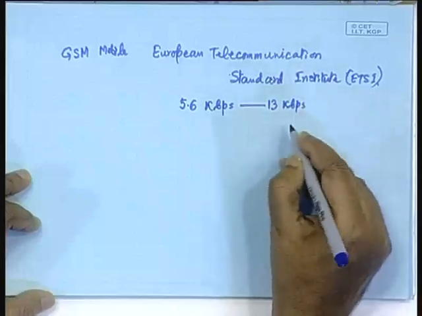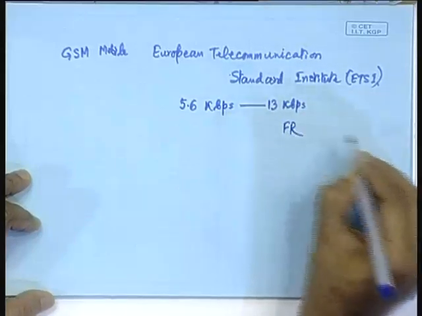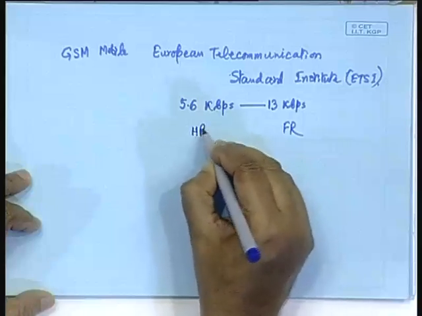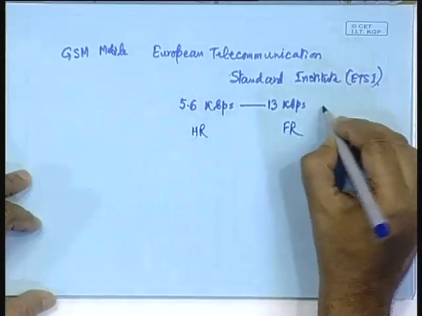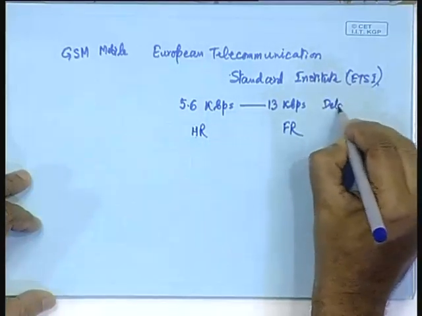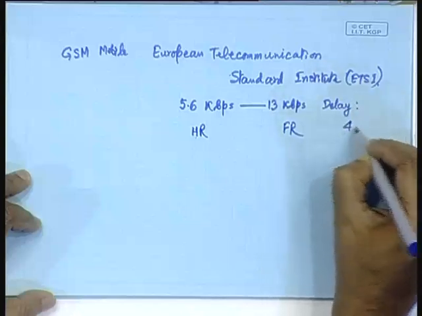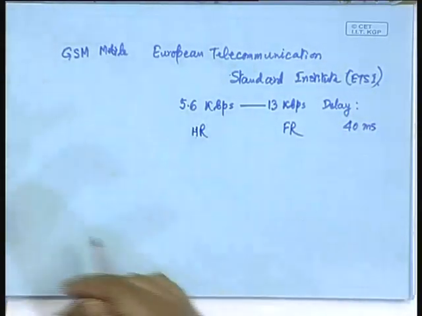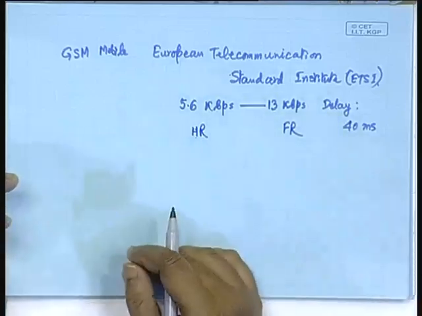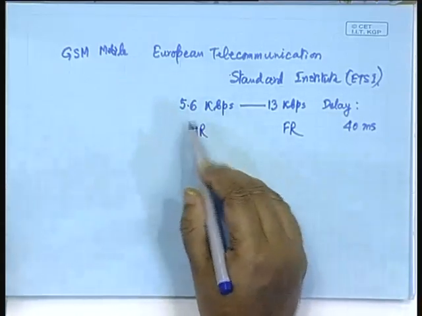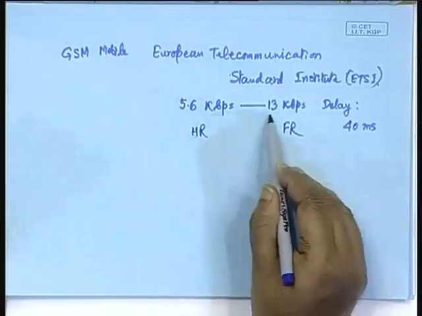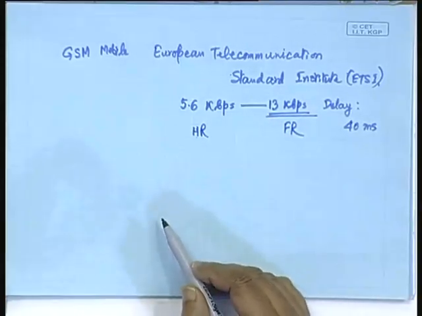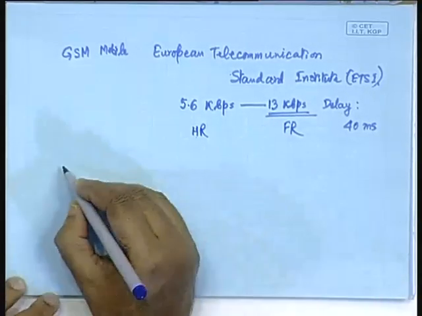In fact, 13 kilobits per second is the one that you are getting at full rate, and 5.6 kilobits per second is what you are getting at half rate, and there the delay is of the order of 40 milliseconds. So, definitely we have to accept this higher delay, because for mobiles, even this 13 kbps of bit rate is on a very high side.